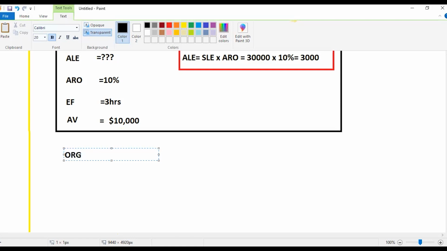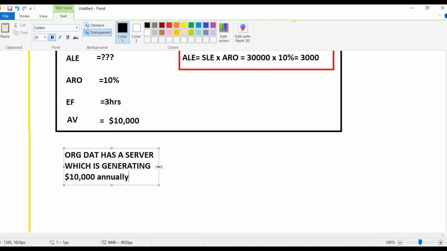We have an organization that has a server generating $10,000 annually.